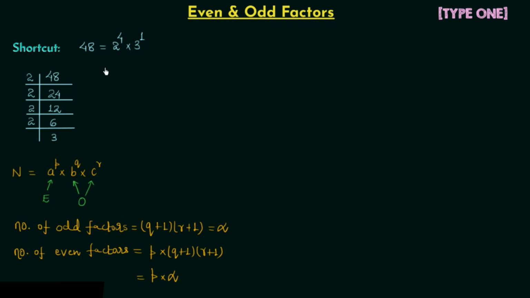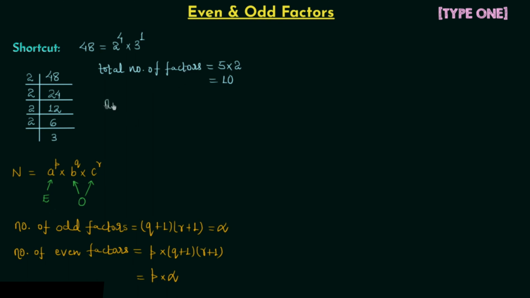Let us now implement all this in this particular example to make everything clearer. The total number of factors of the composite number 48 will be equal to 4 plus 1 multiplied by 1 plus 1. 4 plus 1 is 5, 1 plus 1 is 2, so 10 is the total number of factors.